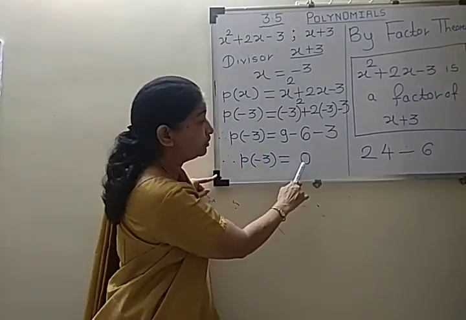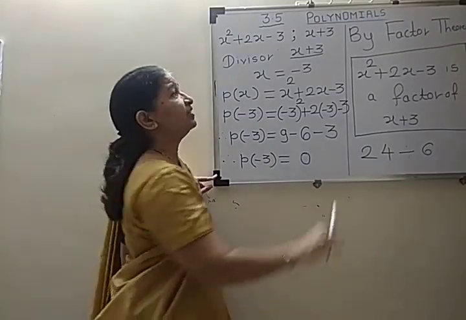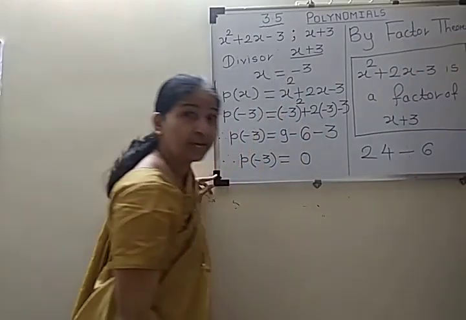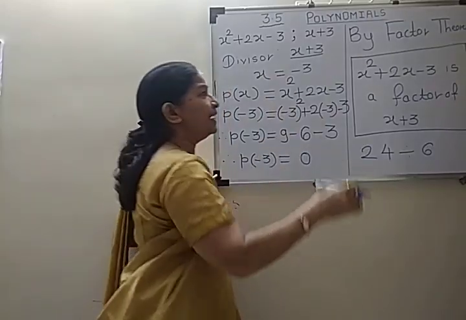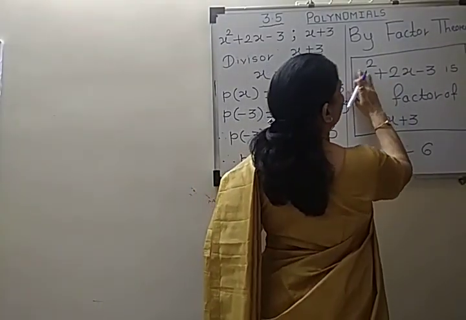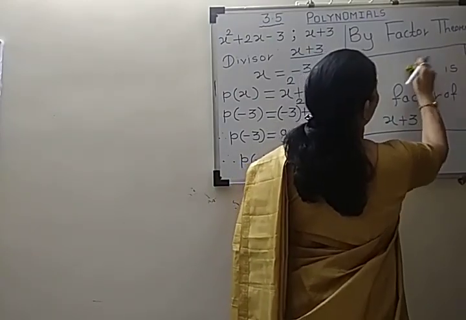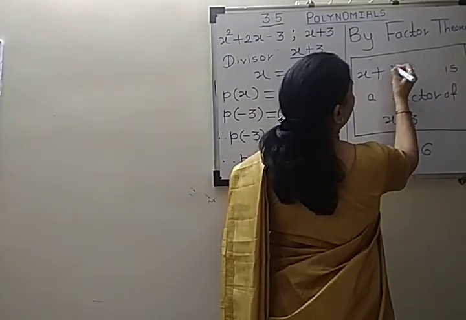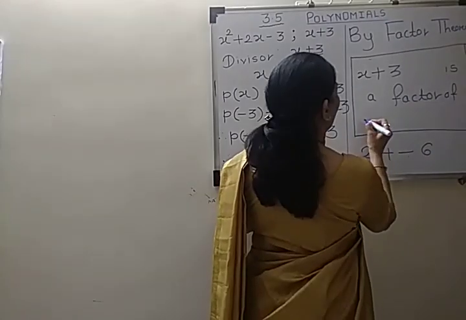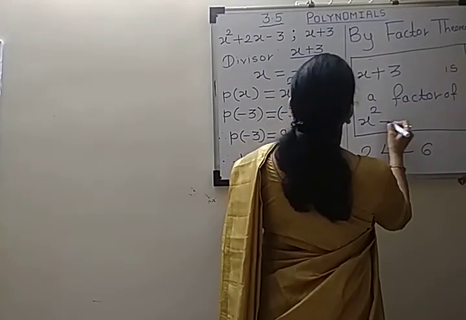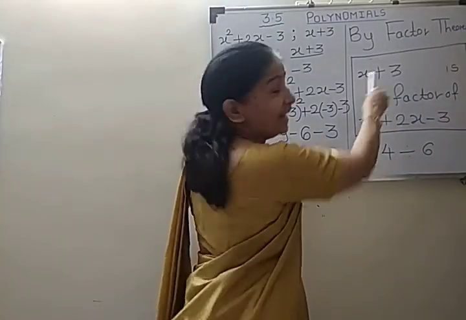Similarly, here also the remainder comes 0, so I will say by factor theorem that x plus 3 is a factor of x square plus 2x minus 3.